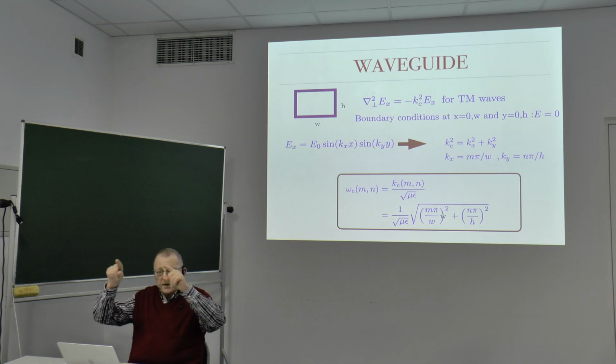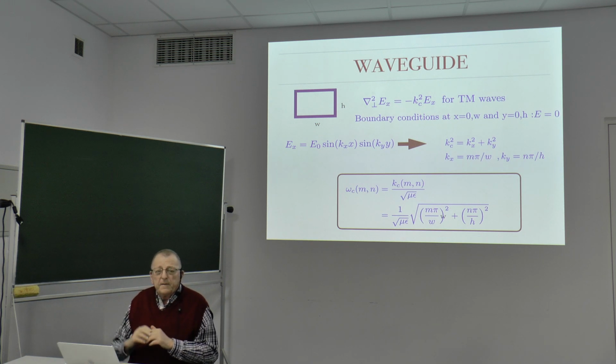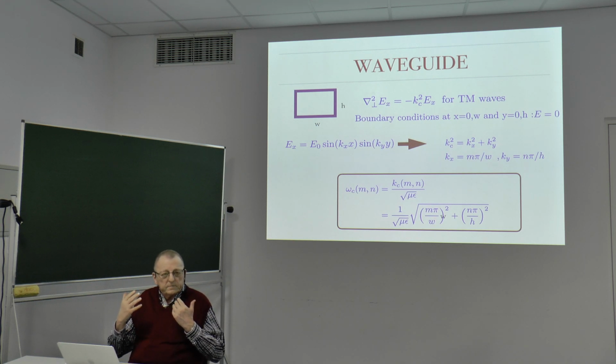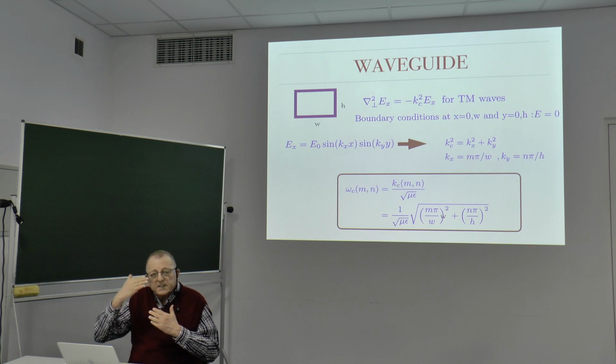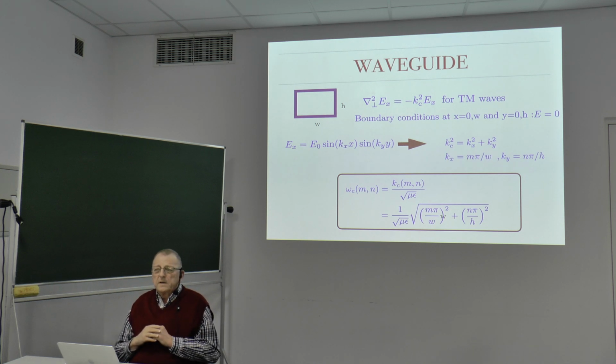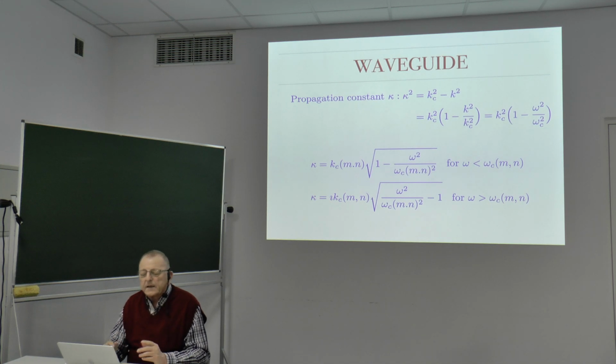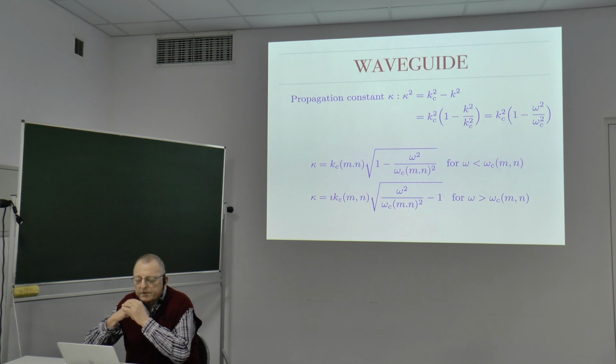So if I have this rectangular waveguide, then the TM wave which propagates in it is an electric field which has a set of frequencies available, modes which are numerated by integer numbers. Now I can do a couple of algebra tricks.